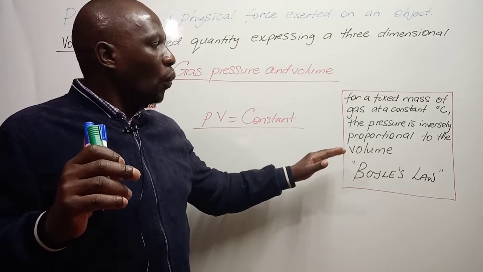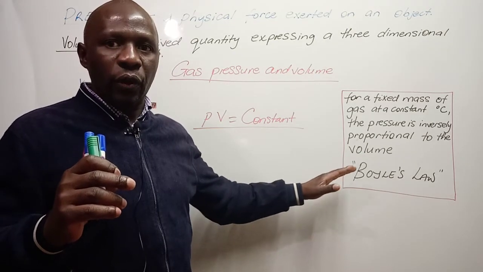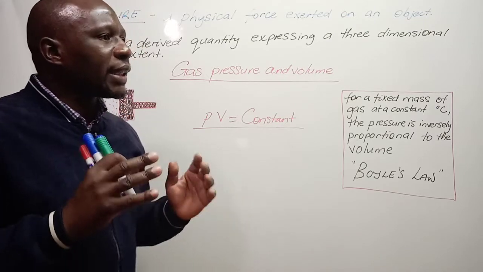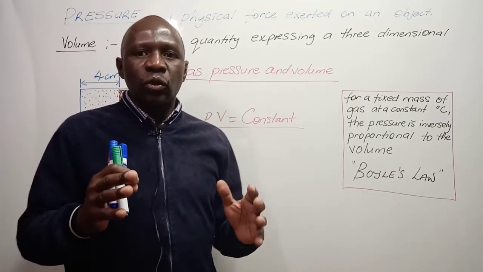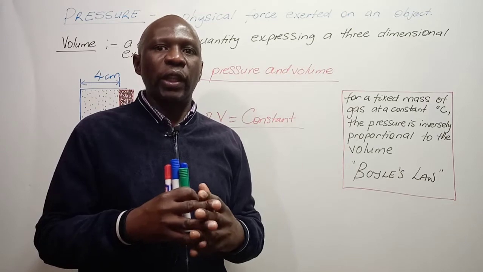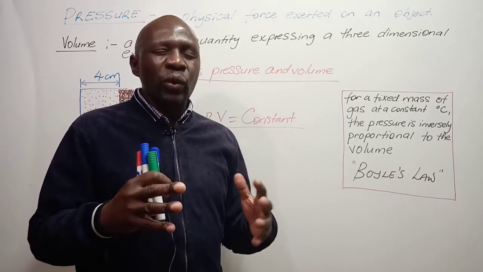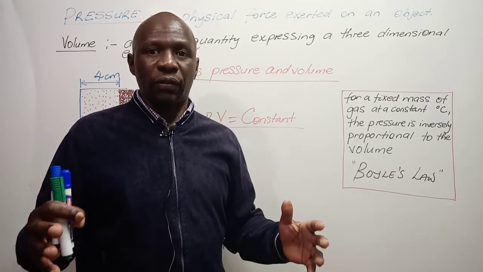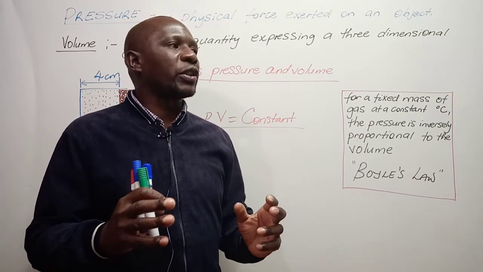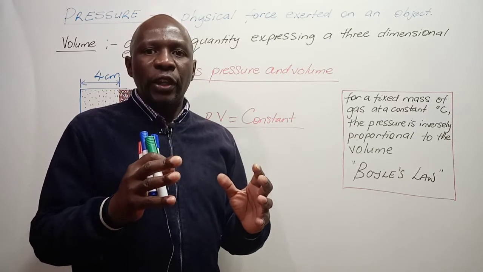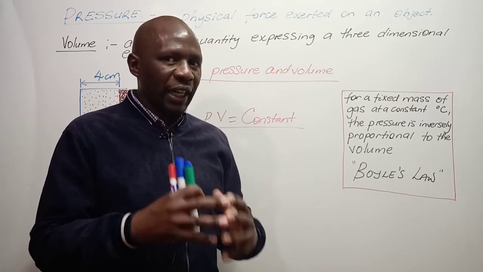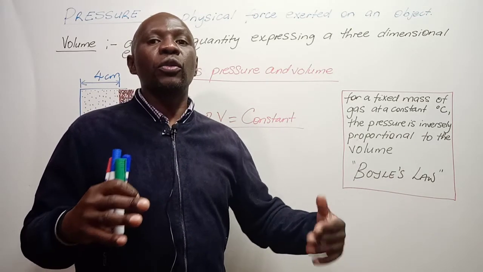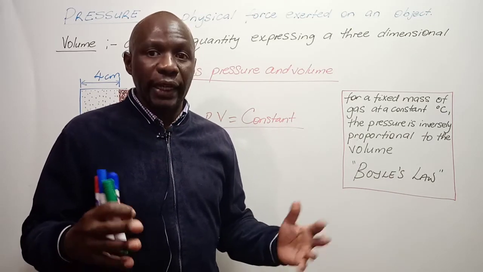Therefore, when we are talking about Boyle's law, we have what we call ideal gases. Ideal gases are gases with less forces of attraction between them. They are gases with less water vapor. Actually, they are gases without water vapor inside, because if gases are going to have high forces of attraction, then this law falls off because we are not going to get accurate readings.